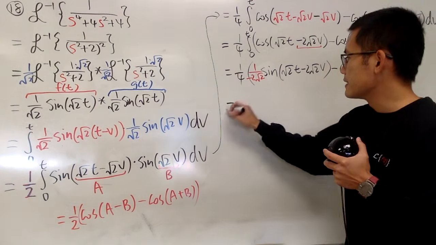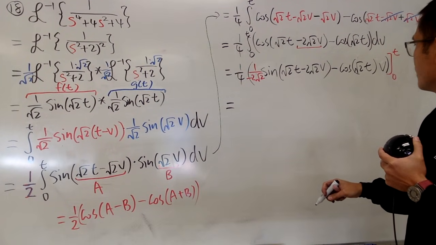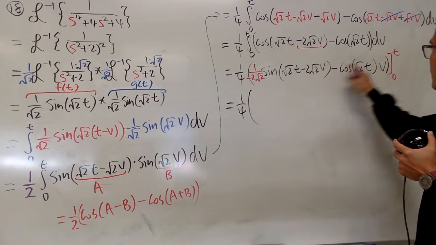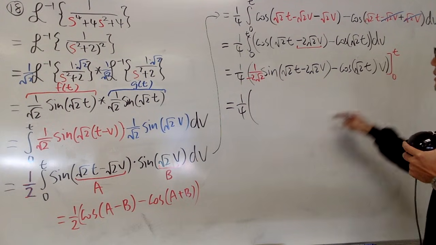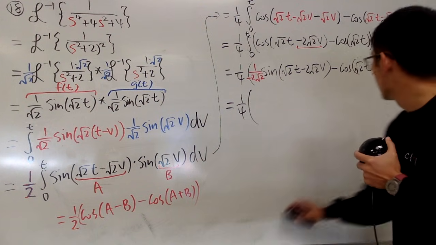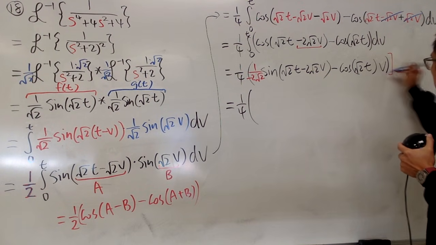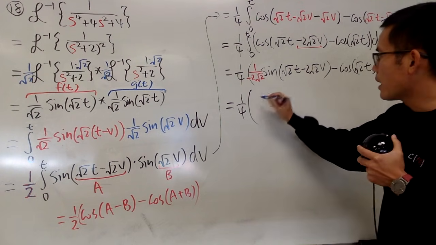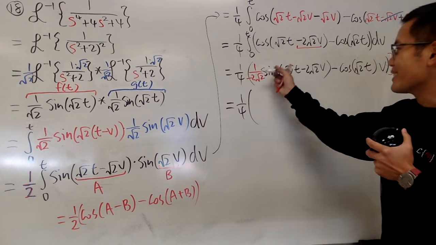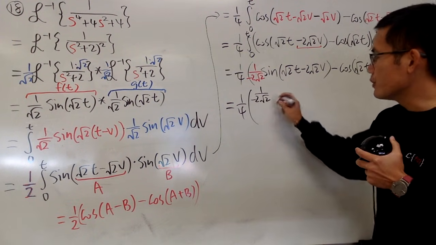So, let's see. We have 1/4 all the way in the front. Plugging t into phi, right? So first part, from 0 to t, this part is positive 1/-2 square root of 2.